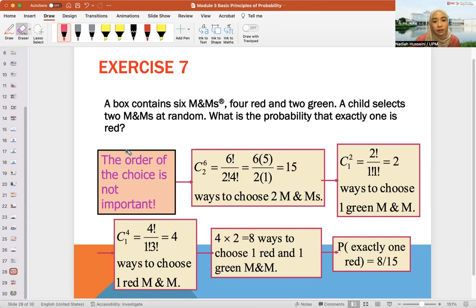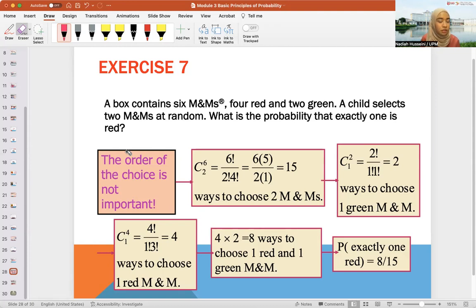How can you identify that this question is not a permutation question? What is the giveaway in the question? What is the tip? Anyone want to try? It's okay if you're wrong.